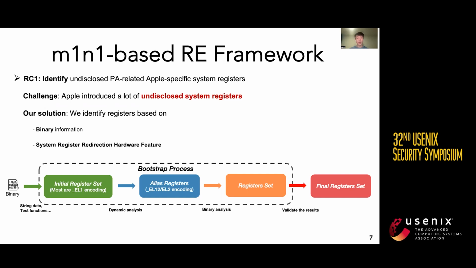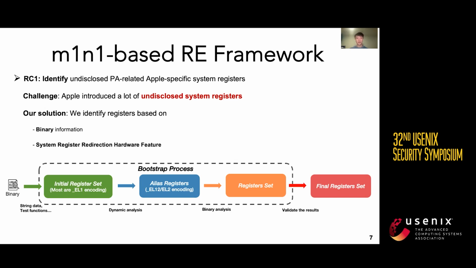So we need to identify the Apple-specific system registers for pointer authentication. Our key observation is that although Apple did not disclose the source code or documentation about these registers, we can identify them based on the information from binary and system register redirection feature.